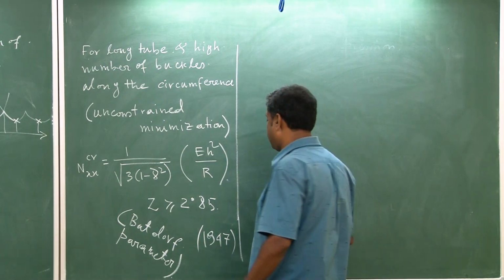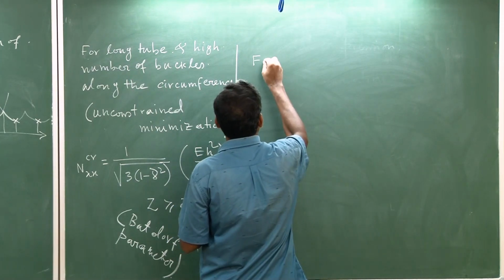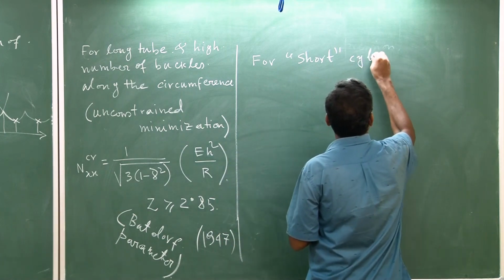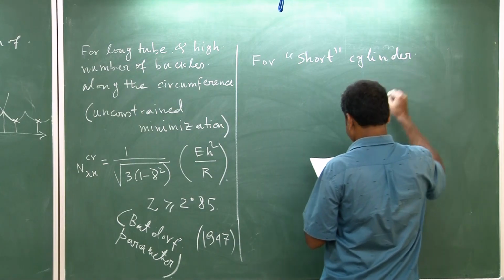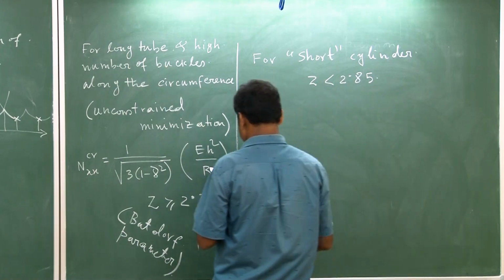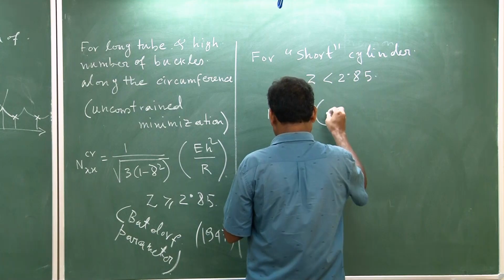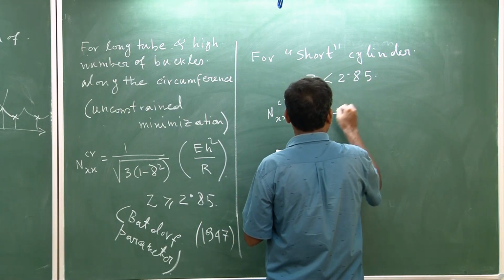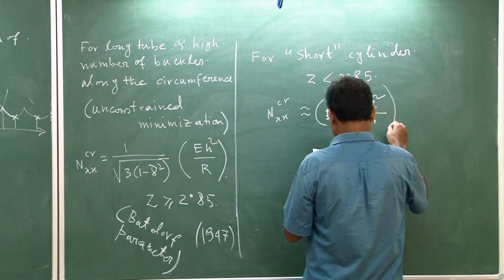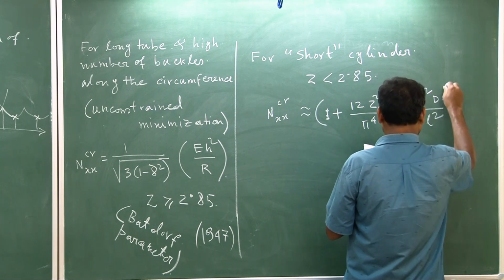Similarly, for the case of a short cylinder, where Z is less than 2.85, N_xx is given by 1 plus 12 Z square by pi to the power 4, pi square D by L square.